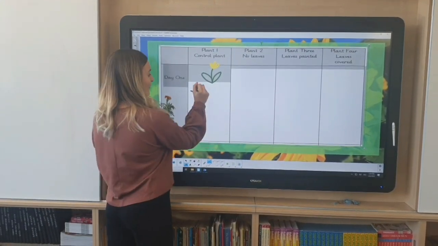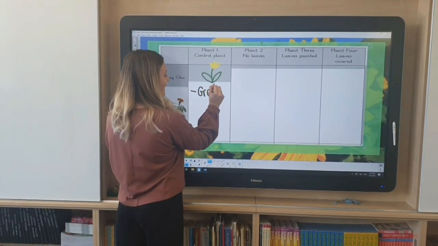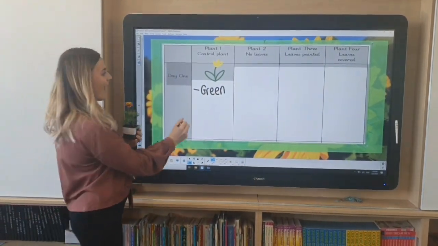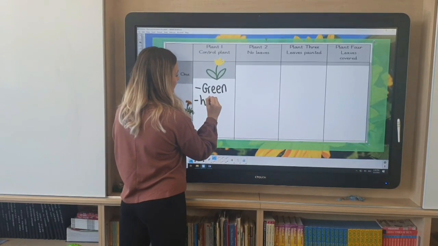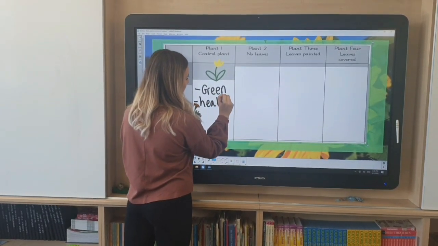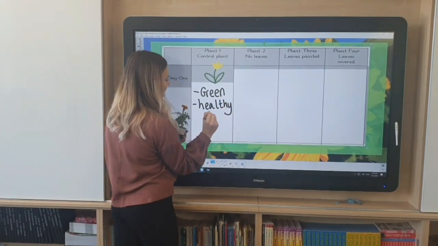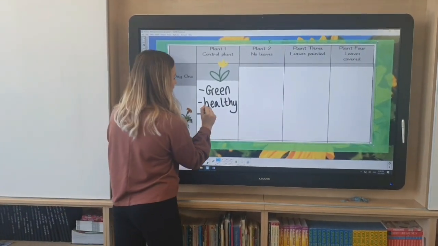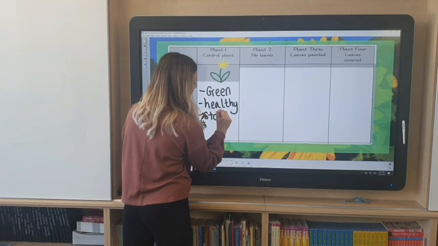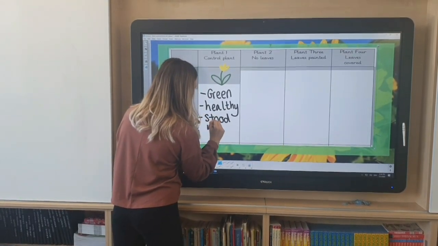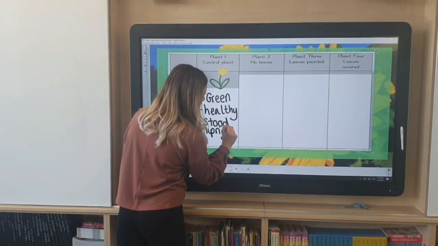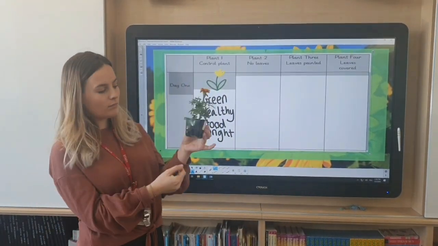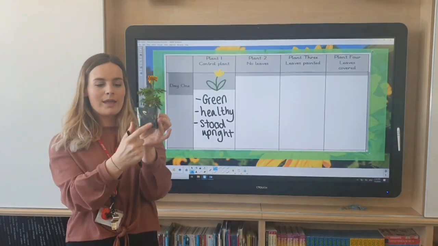So, it's very green, which means it has lots of chlorophyll. It looks healthy. And it is stood upright. If I look at the roots, you can see that they are all healthy inside as well.